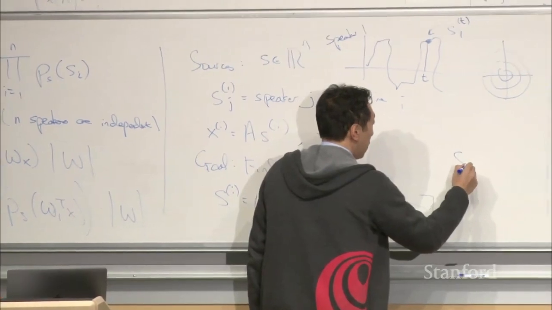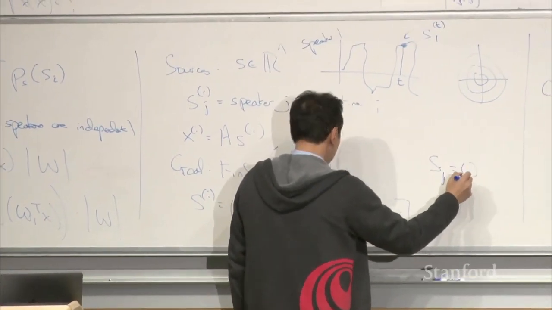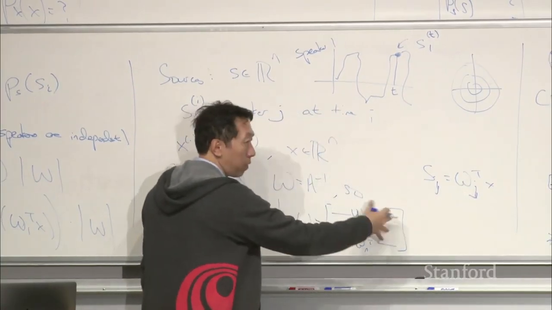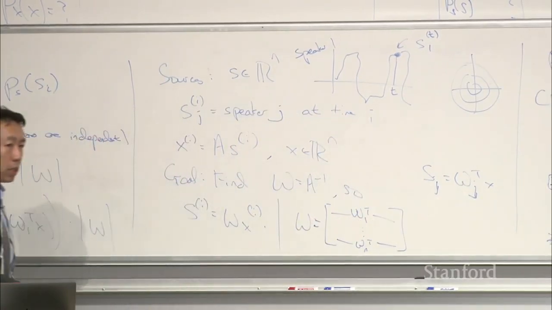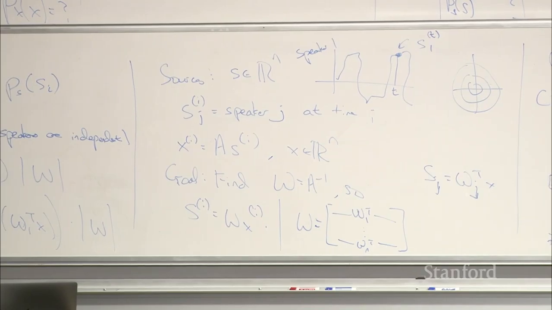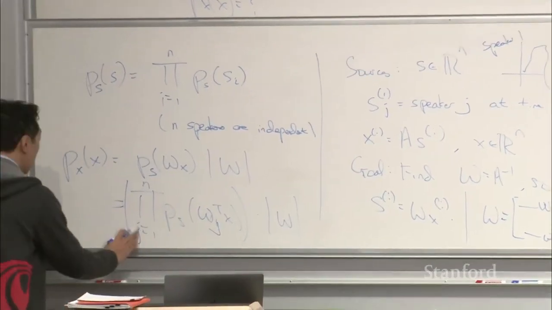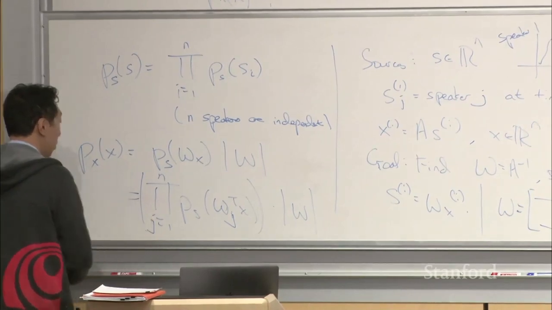Sj is equal to Wj transpose x. Take the corresponding row and multiply it by x to get the corresponding source. Let me use j there to make this clearer.